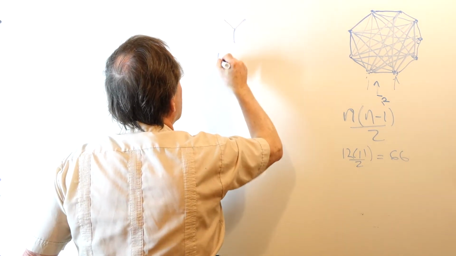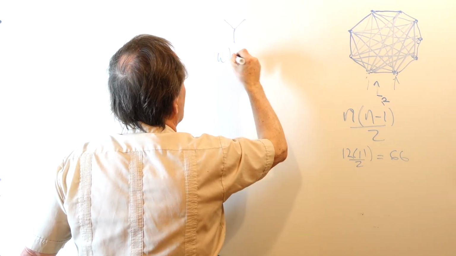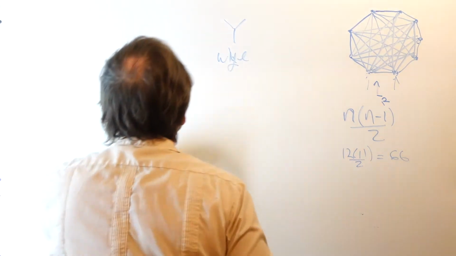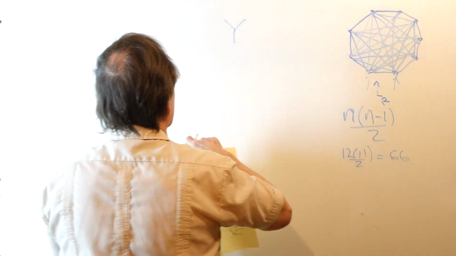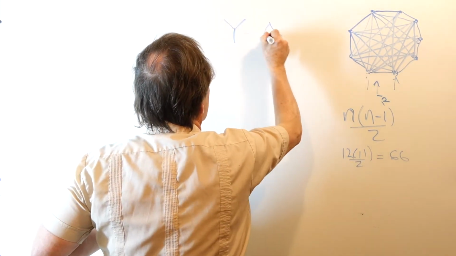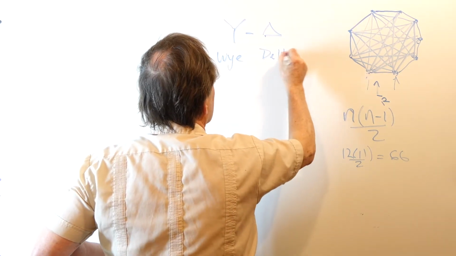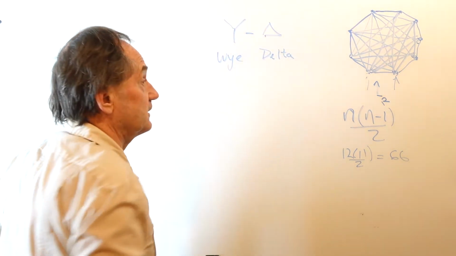We have Y, or WYE. So we have Y to delta. This is WYE to delta. And we can go the other way, delta to Y.